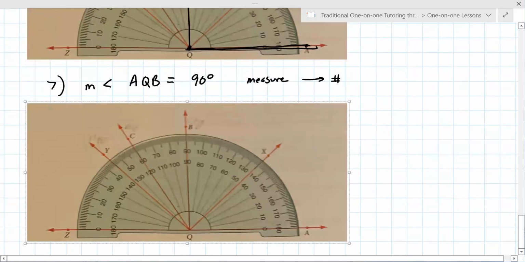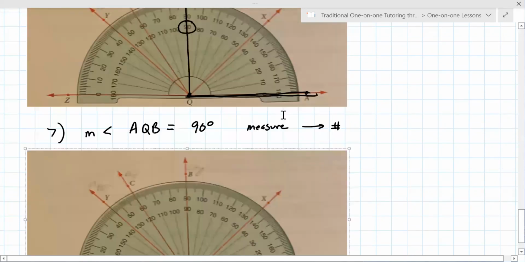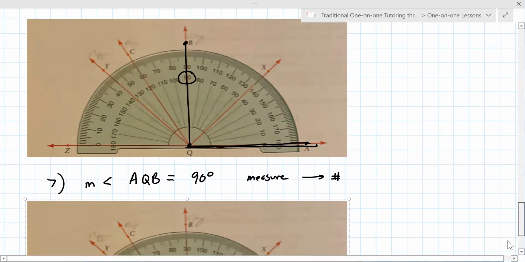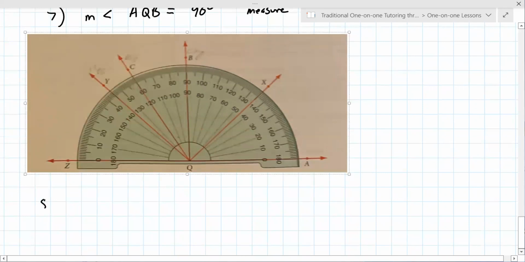Okay. There we go. Got it down. Great. Okay, so number 8, we're going to number 8 next. Number 8 is the measure of angle AQC.